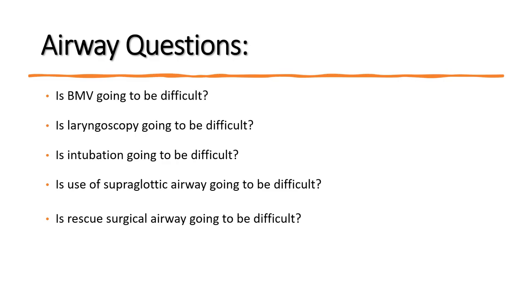Next question. Is the use of a supraglottic airway likely to be difficult? And is a front of neck rescue surgical airway going to be difficult? These 5 questions form the foundation of airway planning and management. And it's essential to ask and answer all 5 questions, irrespective of what your planned airway management is.